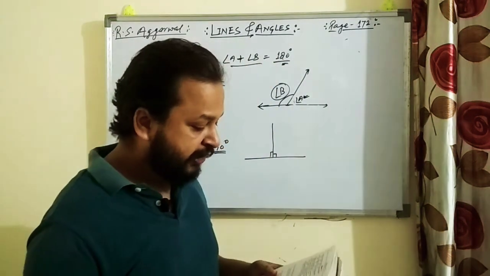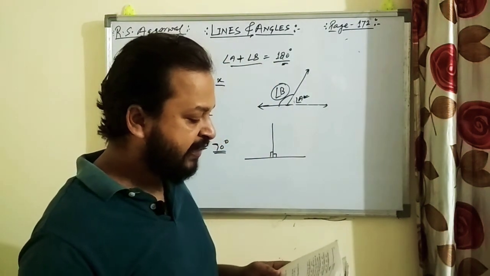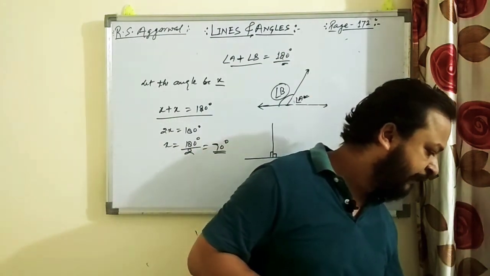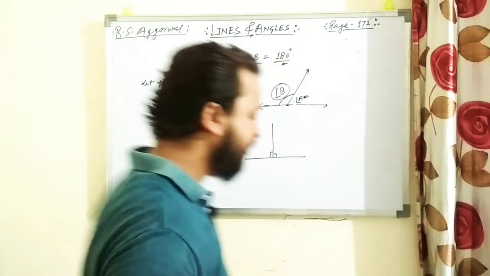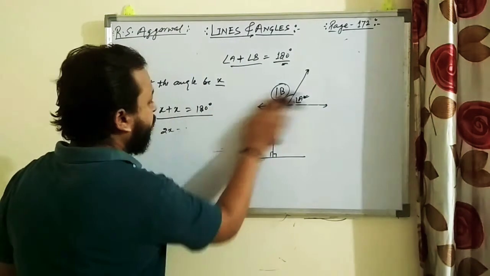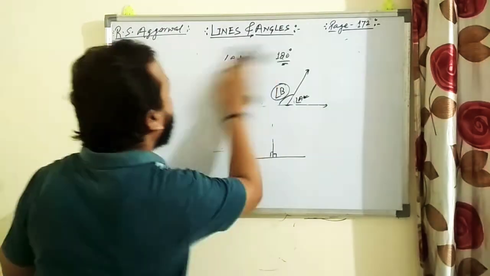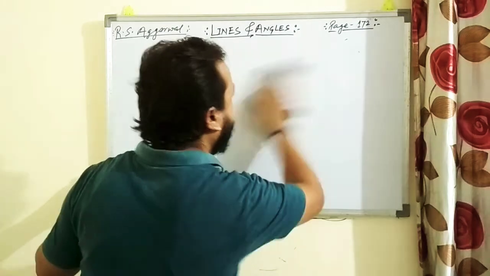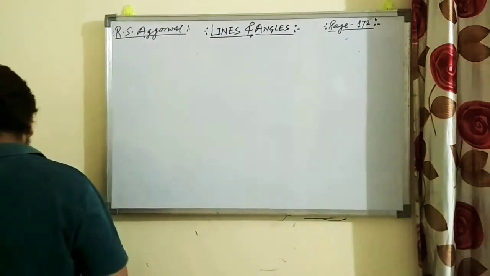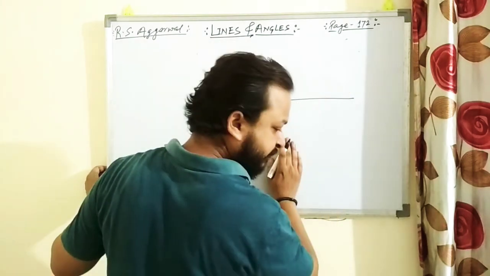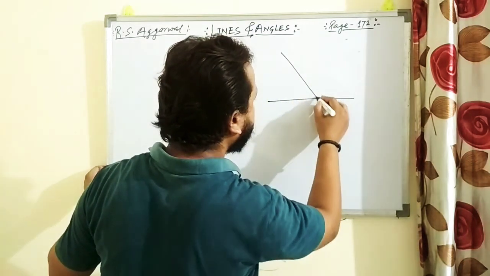So now come to question number 6. Question number 6 is given as, in the given figure, AOB is a straight line and OC is a ray. Angle AOC is 64 degrees. You have to find out the angle BOC, right?